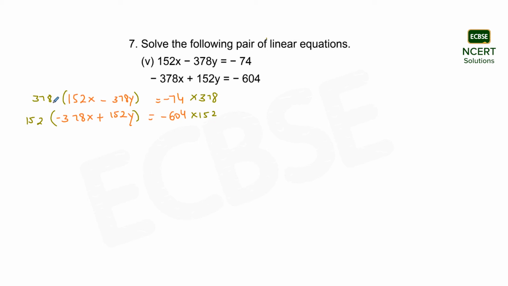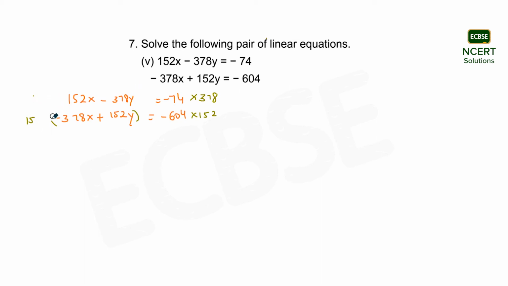We need to multiply 378 and 152 in order to get the answer, and as these are very large numbers, it raises the chances of making a mistake as well. There is nothing wrong, we can solve this, but for our convenience, why not use another method? Why not solve these equations with some other method? Let's see what that method says.